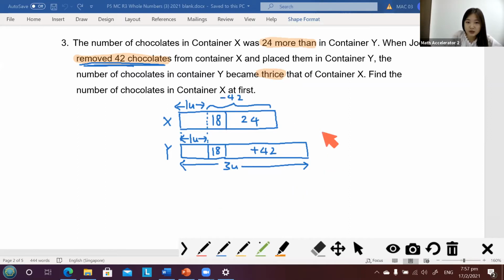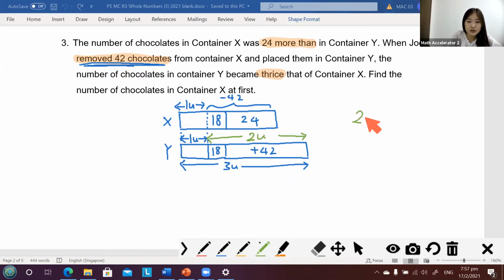Looking at our model now, what is the green portion here? How many units? Good, 2 units. Those of you who are not sure, 3 units minus 1 unit gets you the 2 units here.